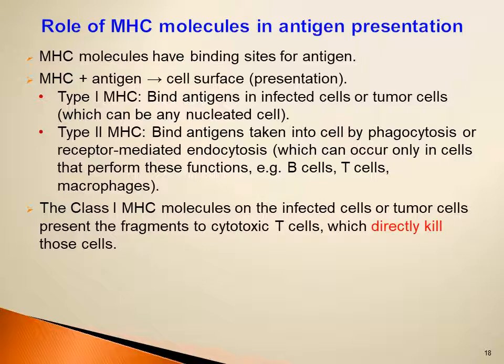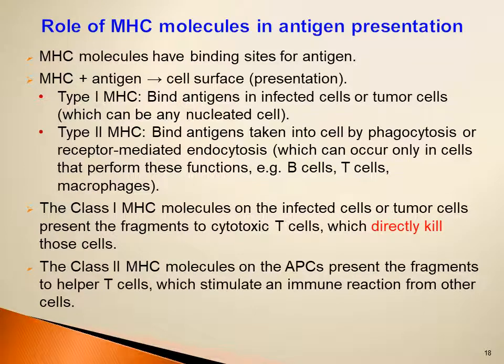Class 1 MHC molecules on the infected cells or tumor cells present the fragments to the cytotoxic T cells, which directly kill those cells. Type 2 MHC molecules on the antigen presenting cells present the fragments to helper T cells, which in turn stimulate an immune reaction from other cells.